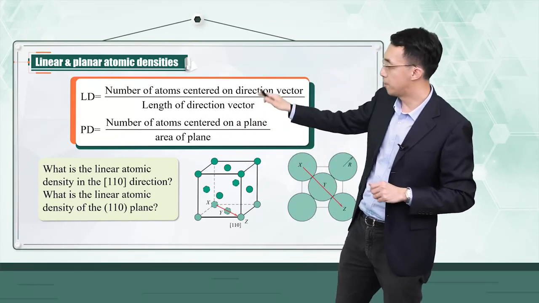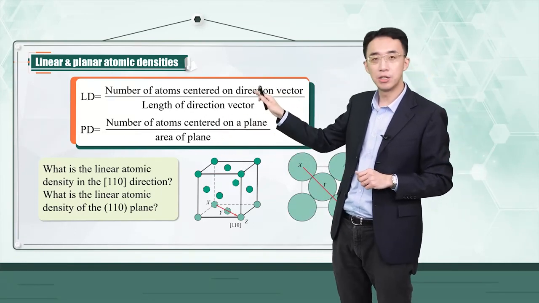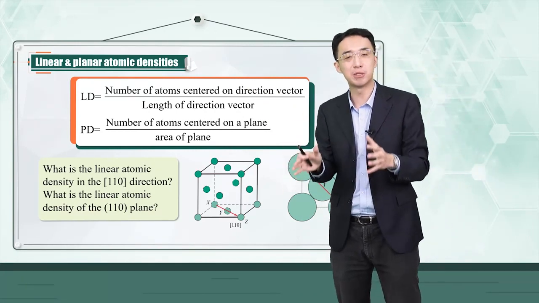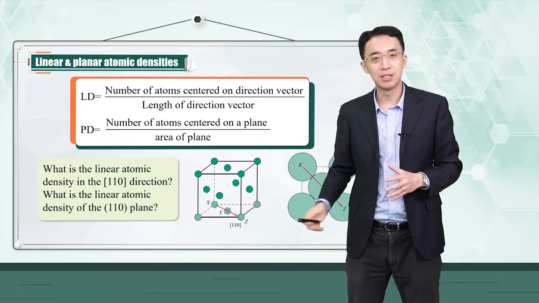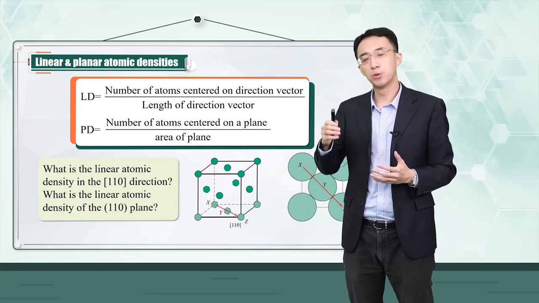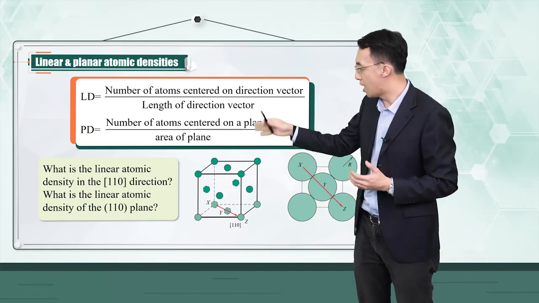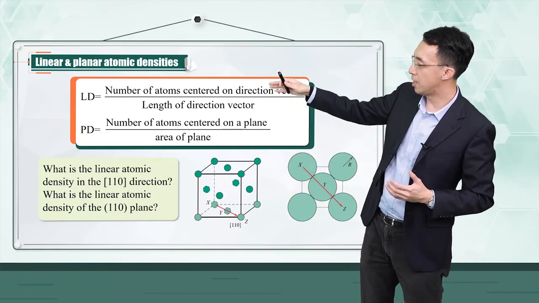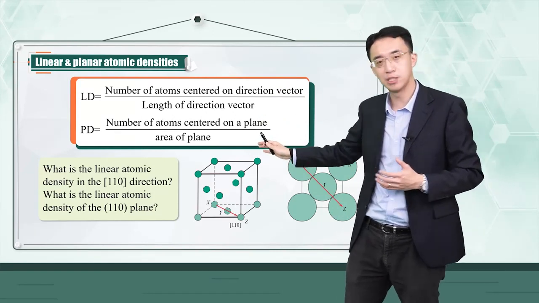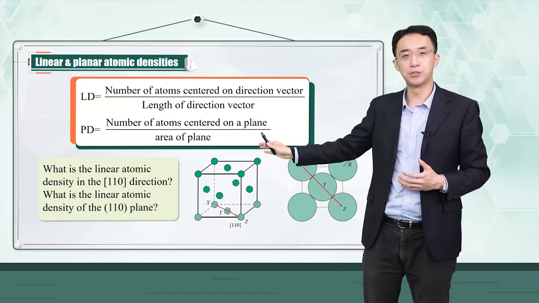So these are actually important factors when you consider which direction and which plane have denser atomic packing than the rest. That's also important for a lot of properties of crystals. You will see more and more of the consequences of this linear density and planar density of atoms in certain crystallographic orientations in future lectures.